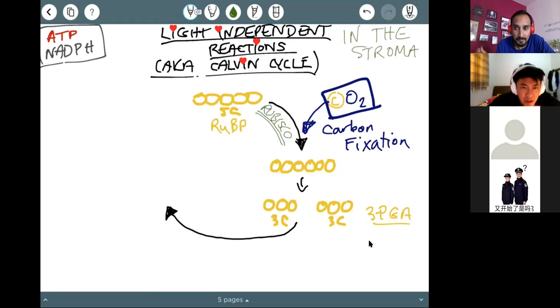God, that's the name. Yeah, what is it? Ribulose-1,5-bisphosphate carboxylase/oxygenase.